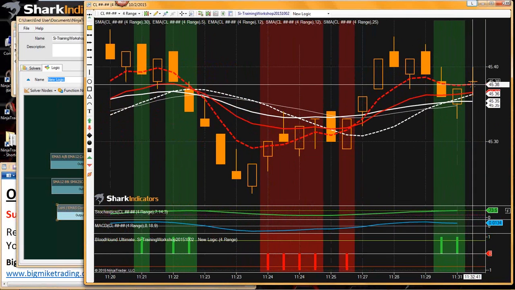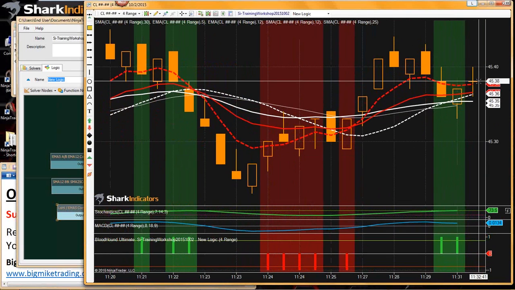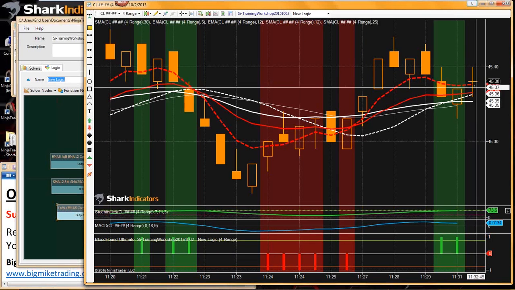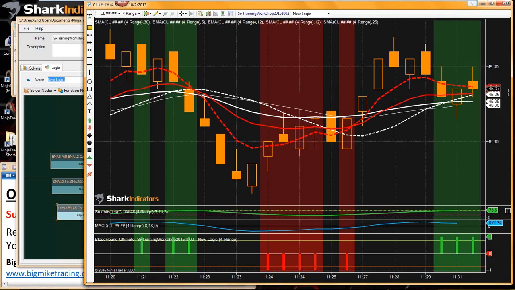So you can see price is above the EMA, and hopefully it'll tick down one more time for us. There we go. Price just ticked down below that EMA and the signal fired off. And then if price ticks above that EMA, the signal is going to disappear.